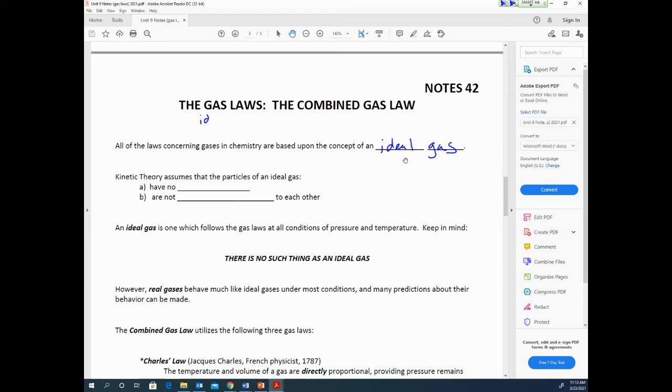Kinetic theory assumes that the particles of an ideal gas have no volume, so they can take up an infinite amount of space, and are not attracted to each other. So we're assuming that they're not trying to bond with each other and they are taking up as much space as possible.